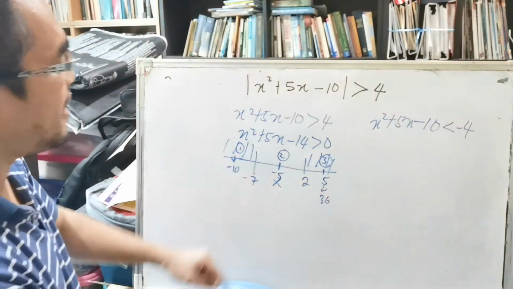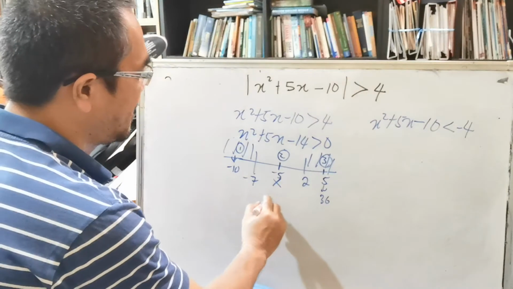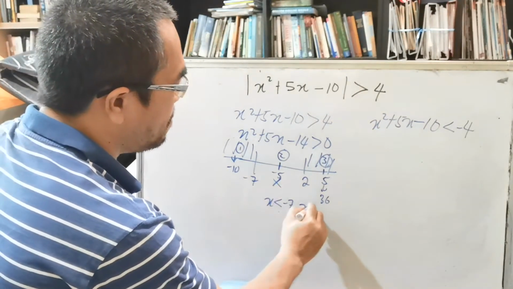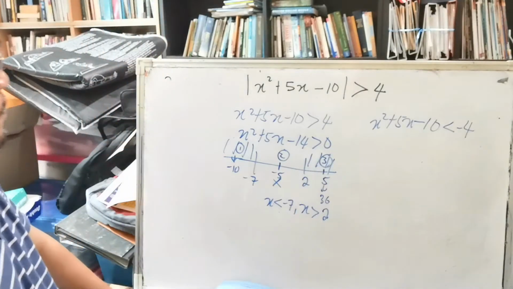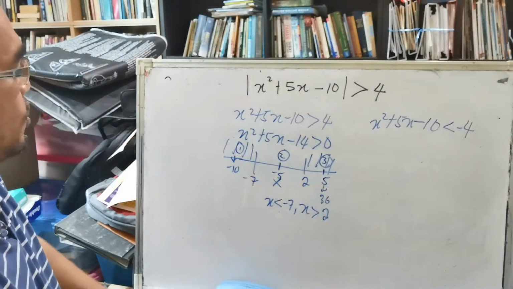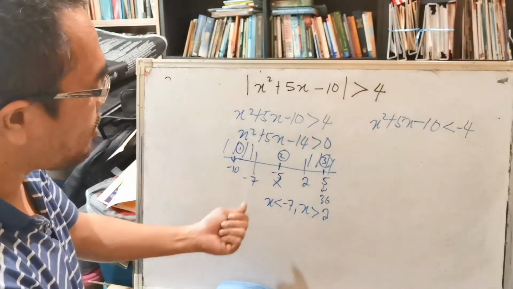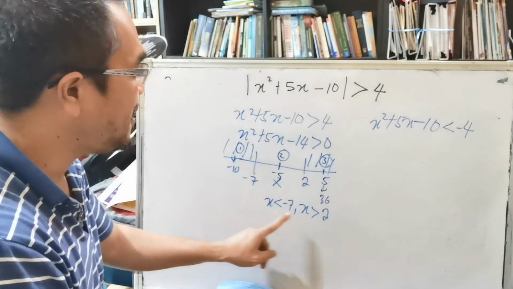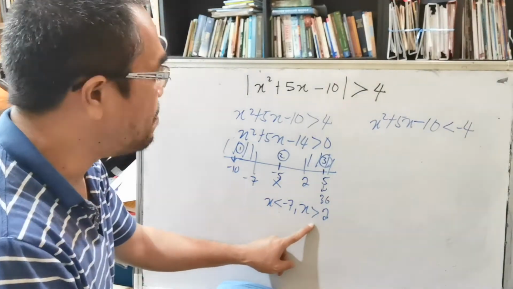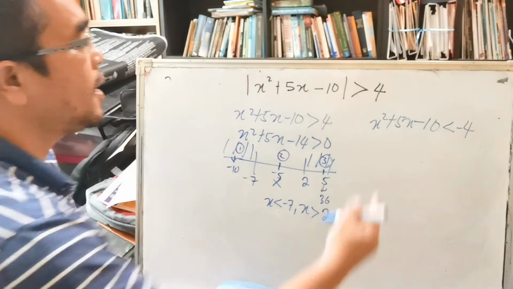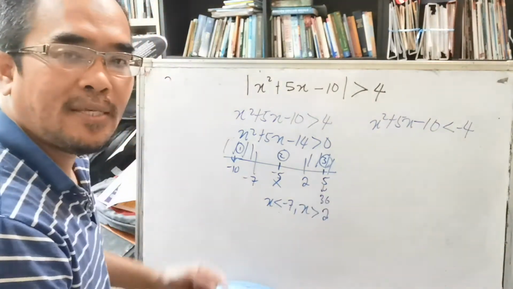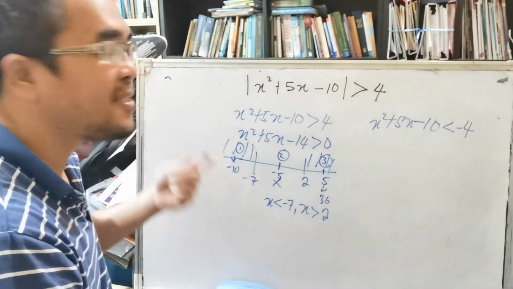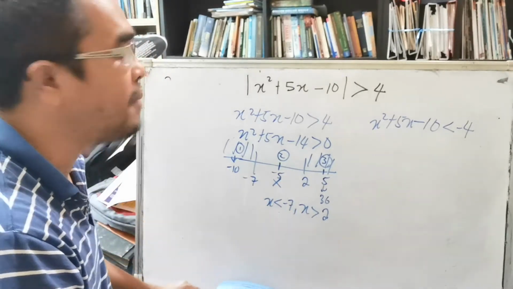So in this case, the answer is x less than −7 or x more than 2. To find the value of x, you just pick any value that is less than −7 or any value that is more than 2. So x has infinite values, just any value that fulfills the requirement.